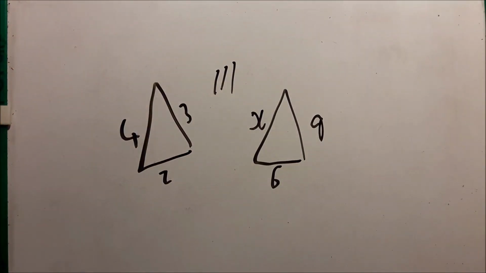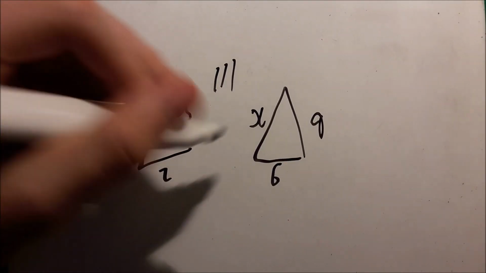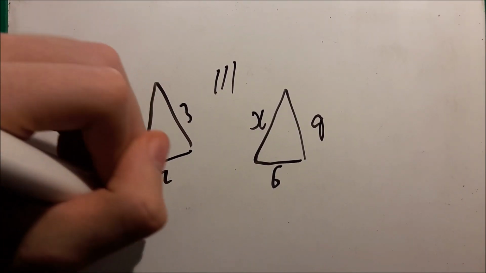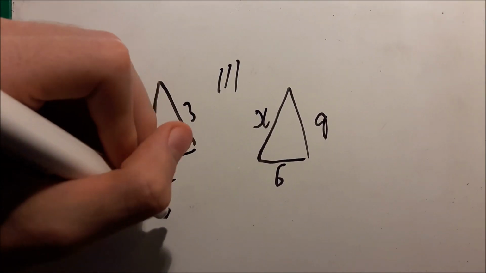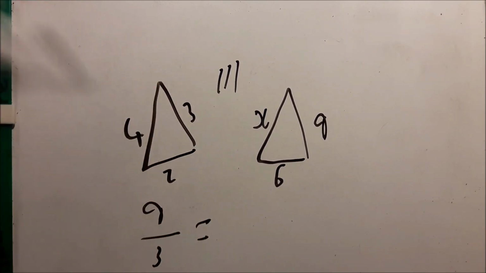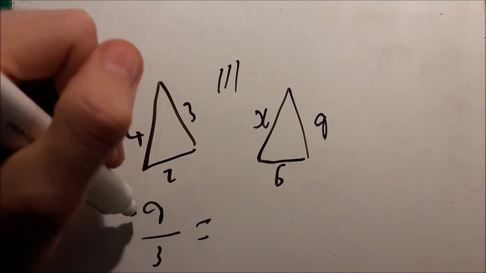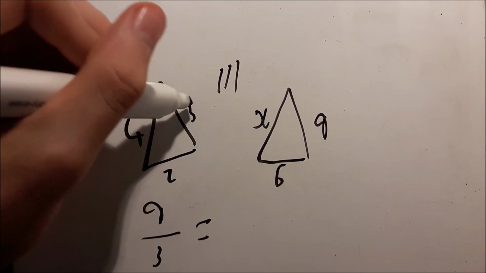Now we have to work out what x is. But first, because we know that they're in proportion, we can just find out what the proportion is. So let's say 9 over 3, or we can say 3 over 9, it doesn't really matter.